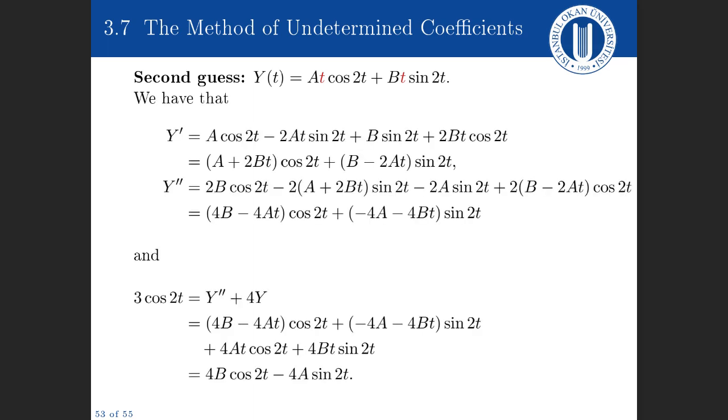Differentiate it two times, substitute into the differential equation. And what do we get? We end up with 3 cos 2t is equal to 4b cos 2t minus 4a sine 2t, because all of the terms involving the extra t will cancel.